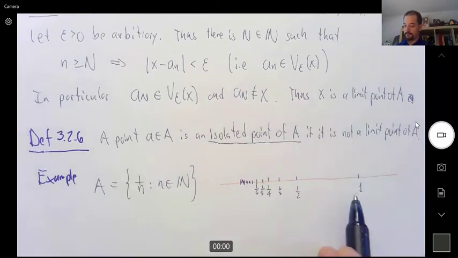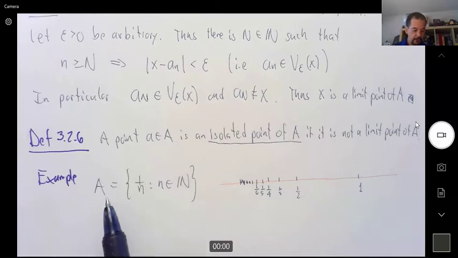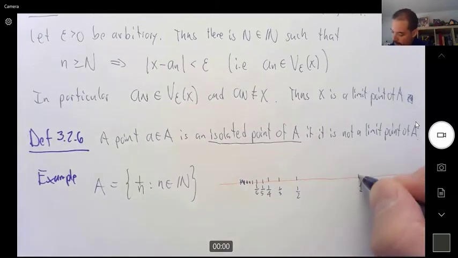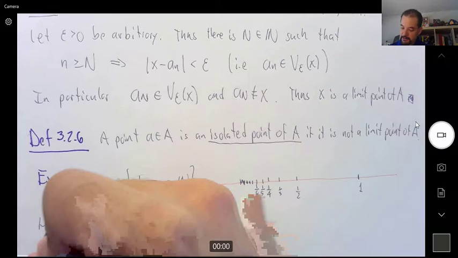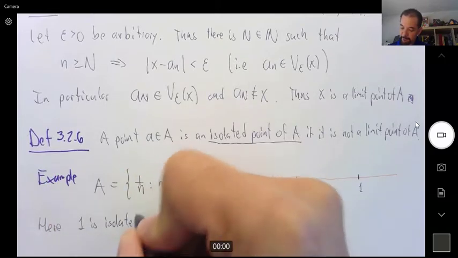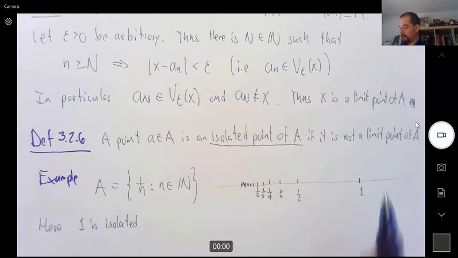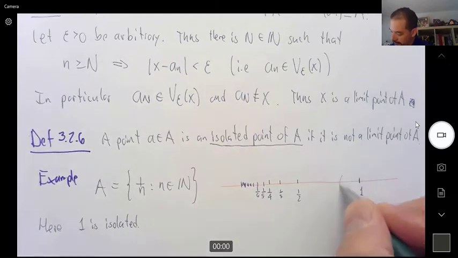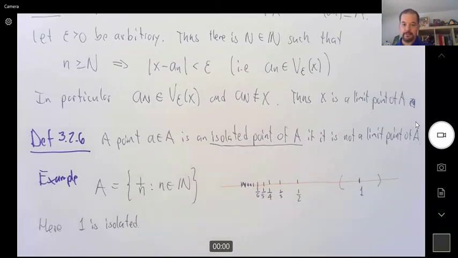0 is not in there. So here, the number 1, for example, is isolated. Why is 1 isolated? Well, look, I can just look at a neighborhood of 1 where he's by himself, right there. You see?